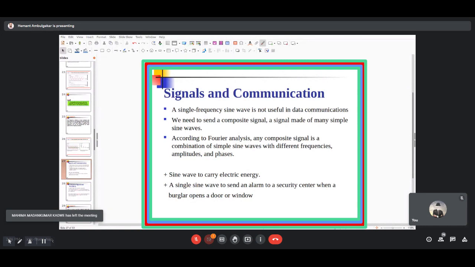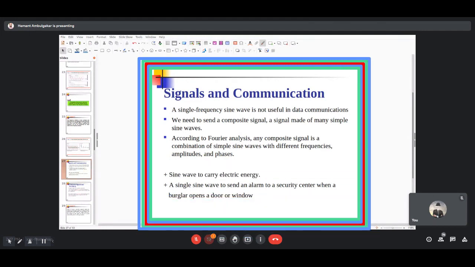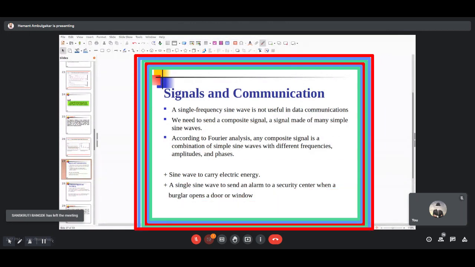We know that a single sine wave is used in our houses for providing electricity. Its frequency is around 60 hertz, right?